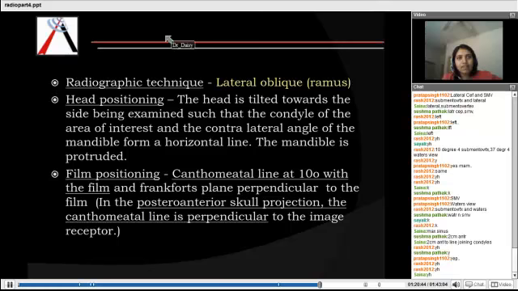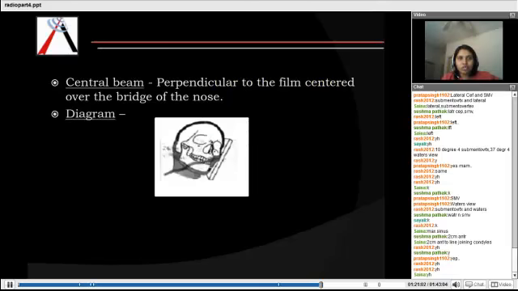Then we also have lateral oblique ramus. Again the same thing will be done, the tilting. The head is tilted towards the side being examined such that the condyle of the area of interest and the contralateral angle of the mandible form a horizontal line. Let me just go with the diagram.